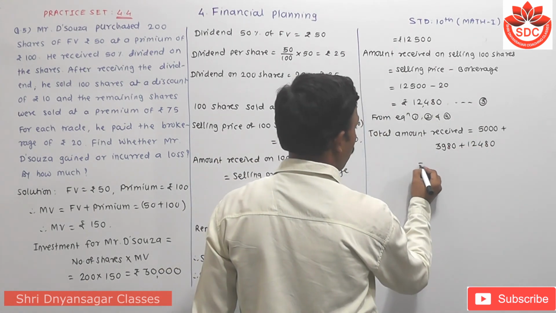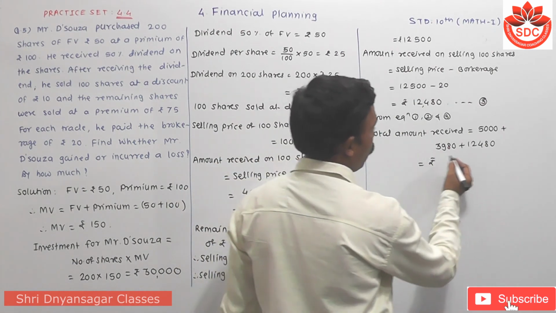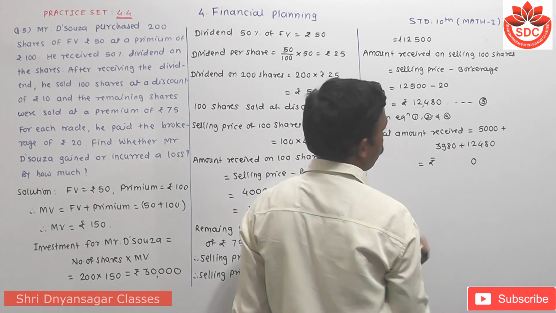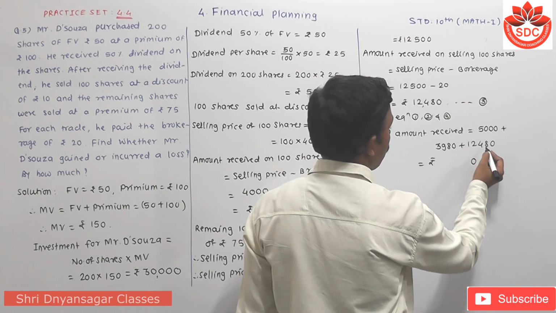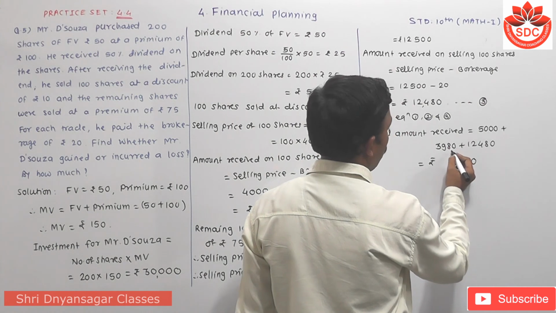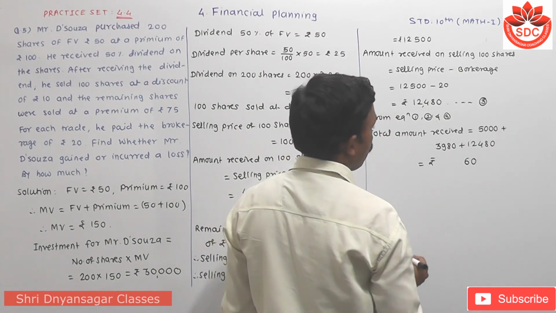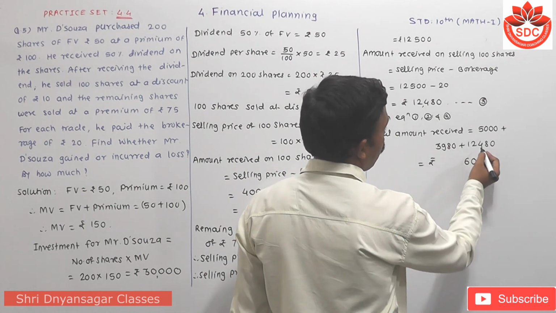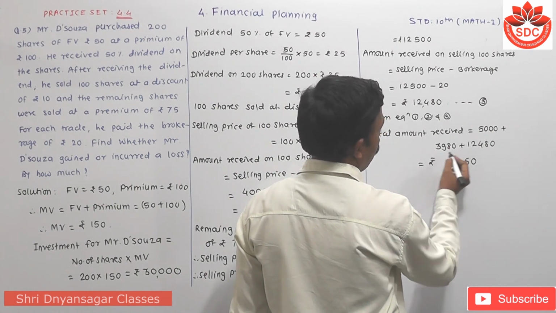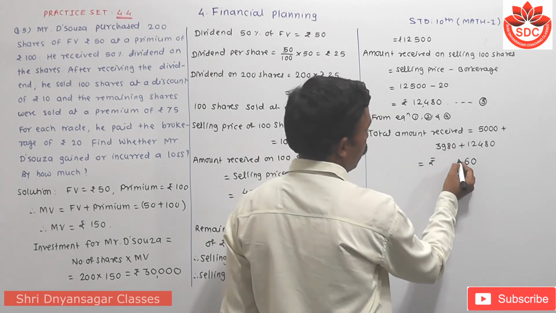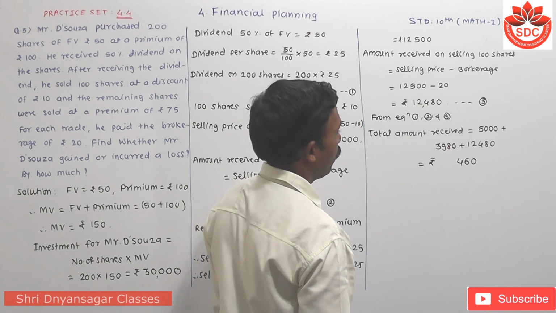Look carefully: unit place becomes 0, then tens place 8 plus 8 becomes 16, carry 1. Then hundreds place is 4 plus 9 becomes 13, plus 1 becomes 14, again 1 carry.